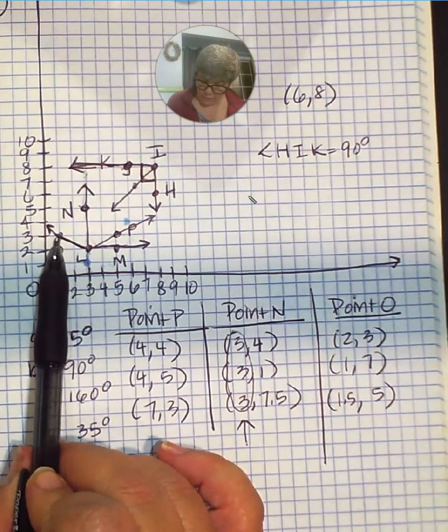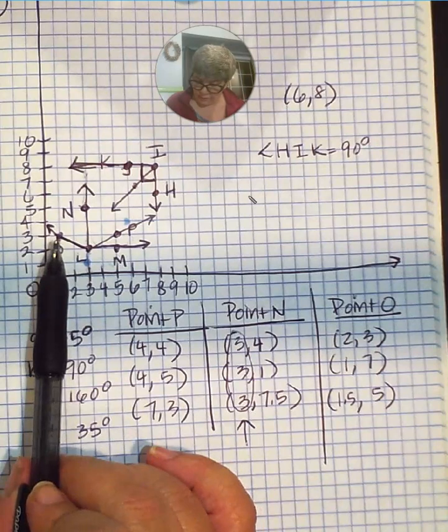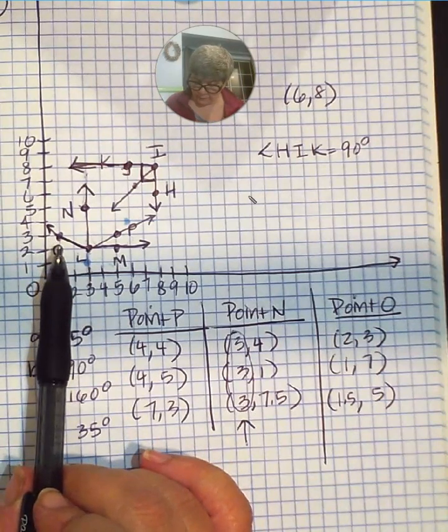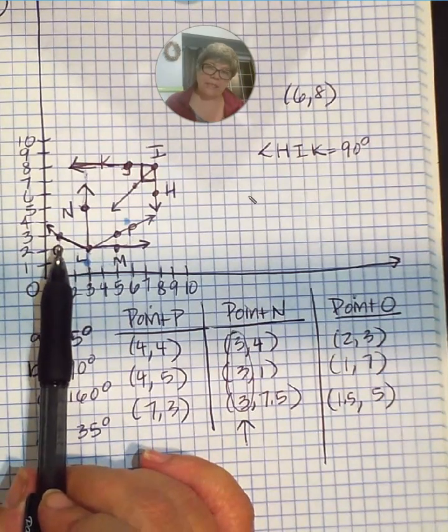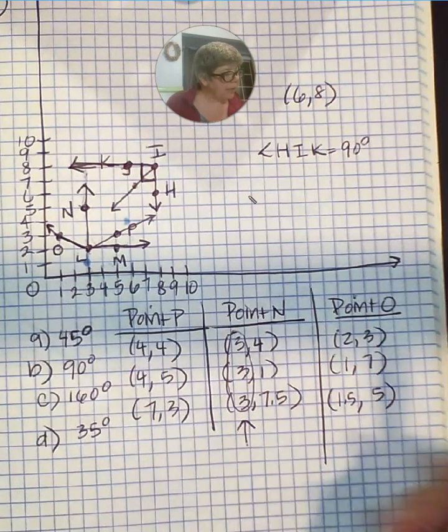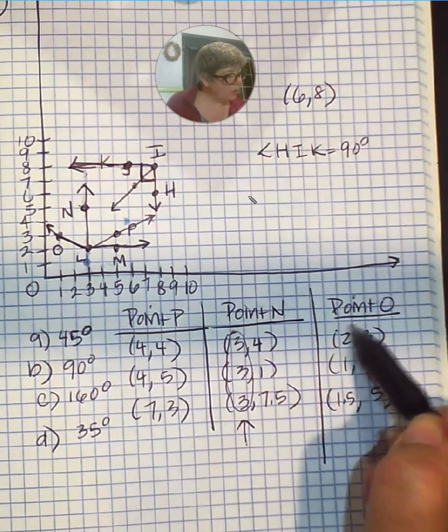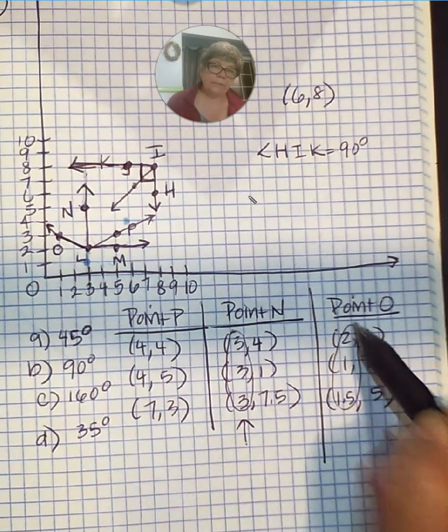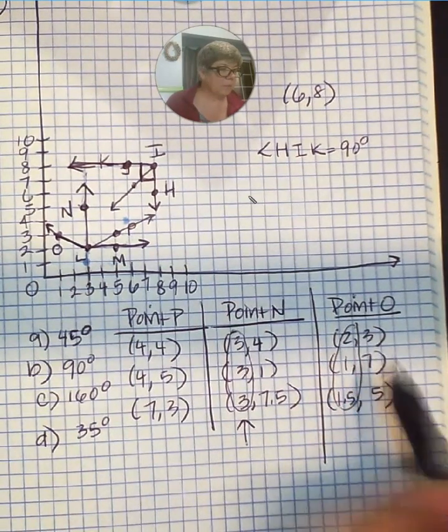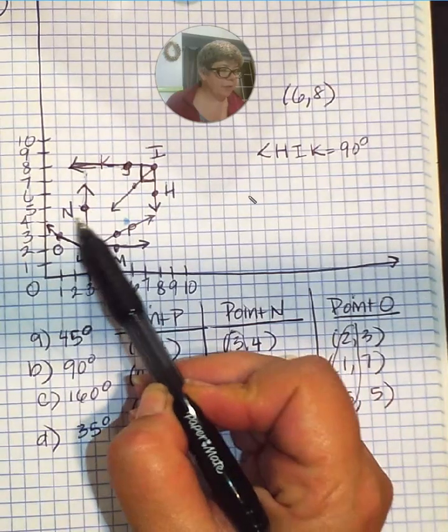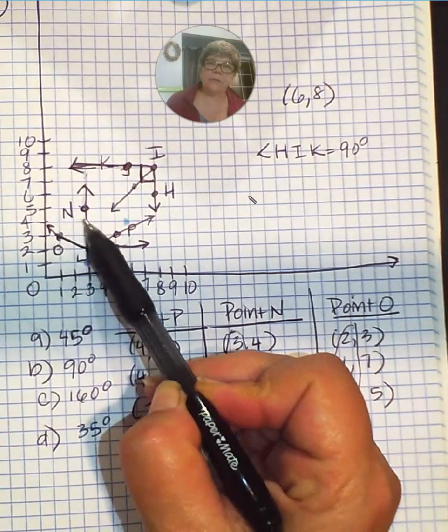For point O, why do all the ordered pairs have an x-coordinate that is less than 3? Why are the x's all less than 3? Because they all have to be more than 90 degrees, right?